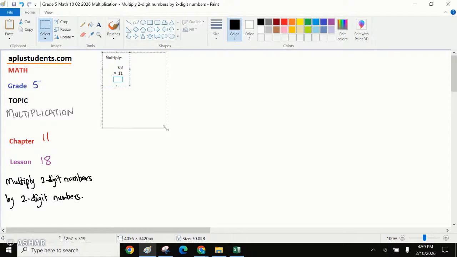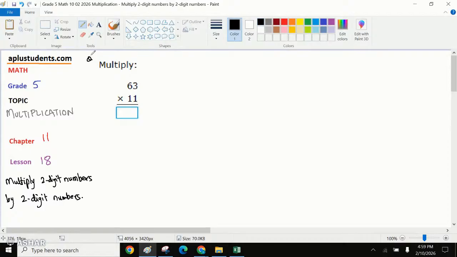Okay, in this case, if we need to multiply these two numbers together, what we need to remember is that this is the ones and this would be tens. Agreed? 6 and 1 is tens, whereas 3 and 1 is ones.